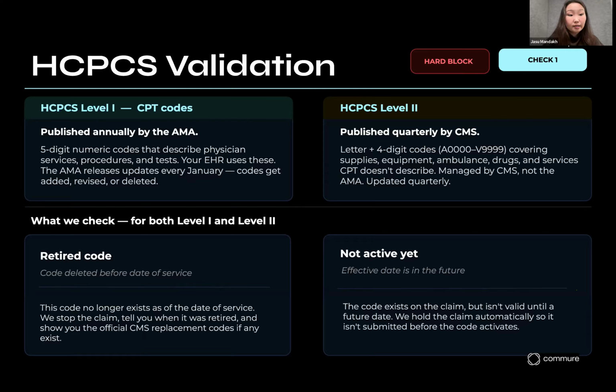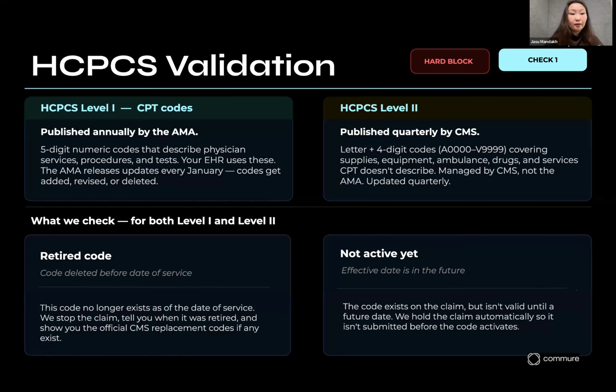So we get these effective dates and terminated dates from both sources periodically, and block a code if it doesn't fall within the effective date and terminated date range. So if a code was terminated on January 1st and you are using it in 2026, we will be blocking it.